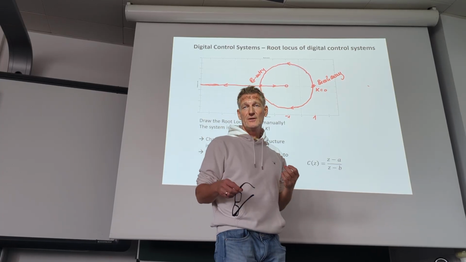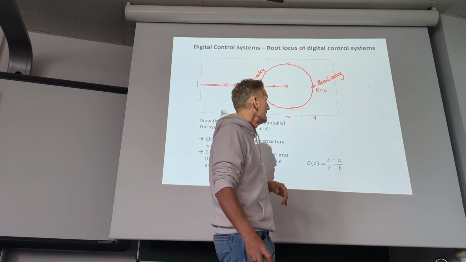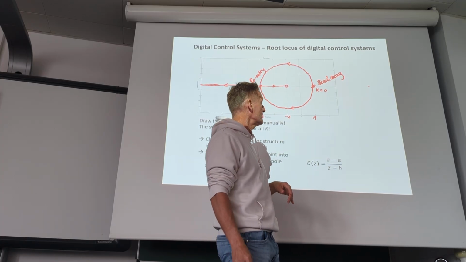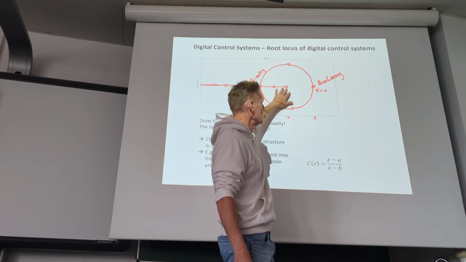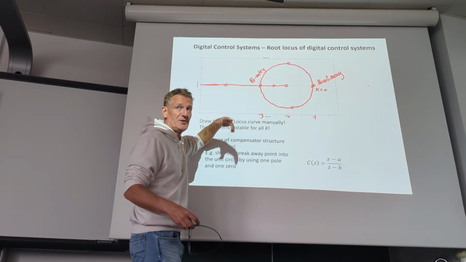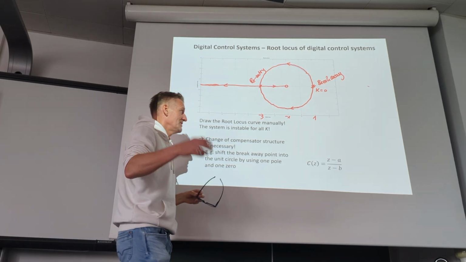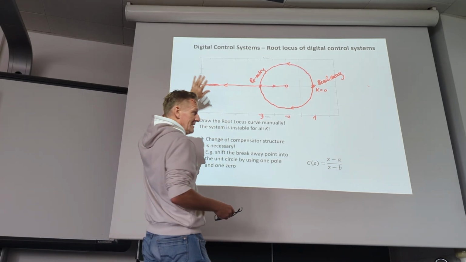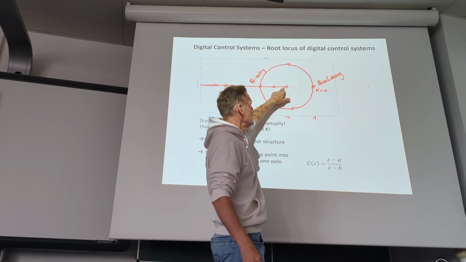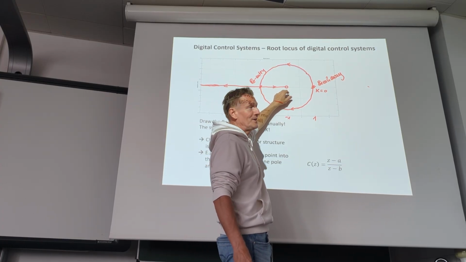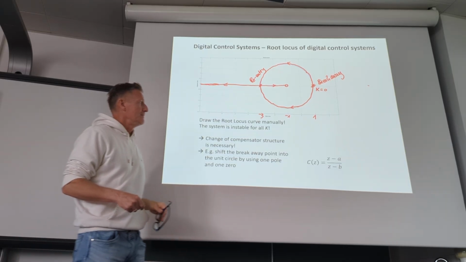Every root locus curve starts at the poles of the open loop transfer function, and the branches end at the zeros, or if there are not enough zeros in relation to the poles, then the branch will end at infinity. Here we have just 1 zero, so one branch ends at the zero of the open loop transfer function, the other one will go to infinity.